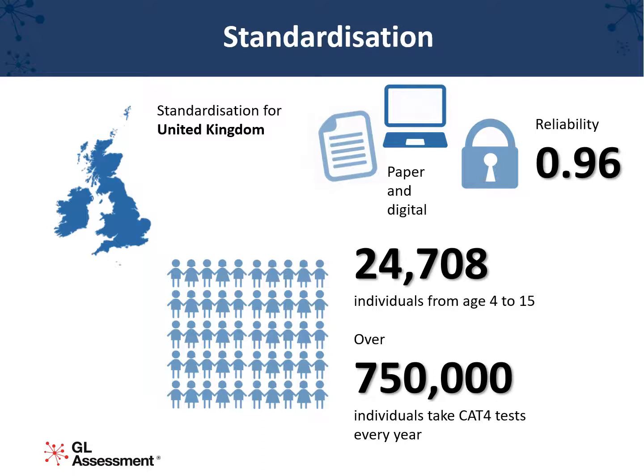We can then compare your students' results with the results of the sample to find out where your students sit within the national picture. Test reliability is very high at 0.96. This is looking at the likelihood of getting the same result when doing the test again, and 1 would be perfect, so as you can see it's very close indeed.